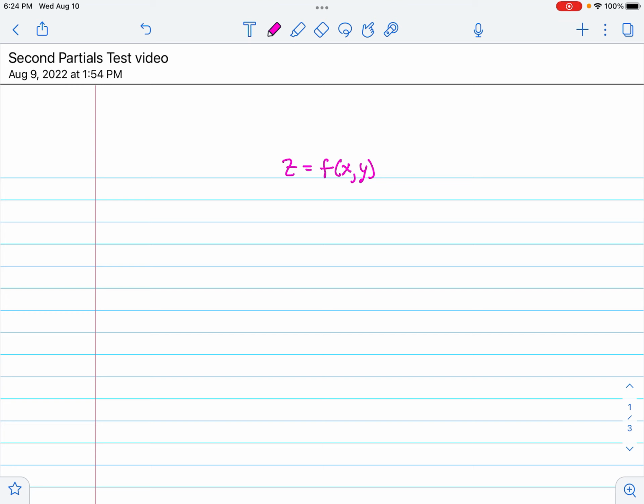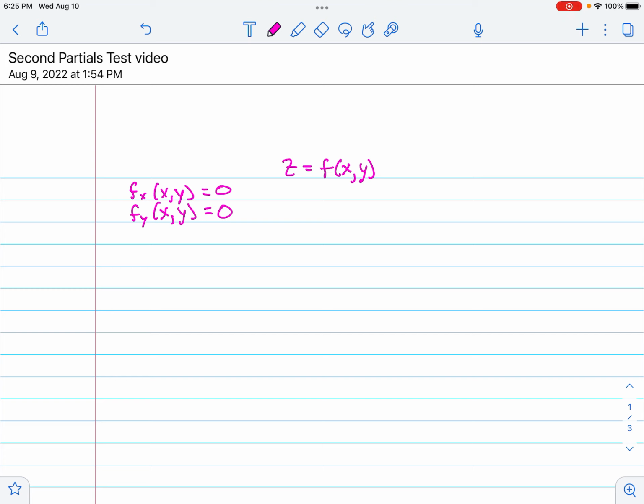What we found was that the partial with respect to x has to be equal to 0, and the partial with respect to y has to be simultaneously equal to 0. So we would find the partial with respect to x, set it equal to 0, partial with respect to y, set that equal to 0, and that's how we would get our critical points.